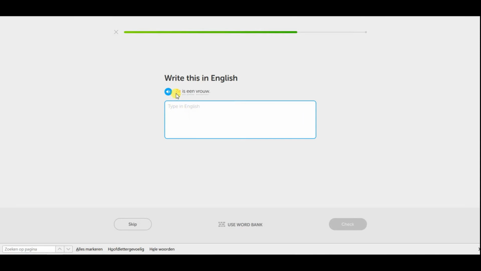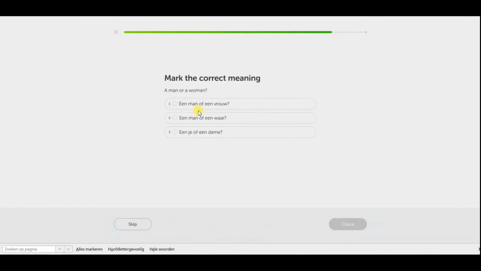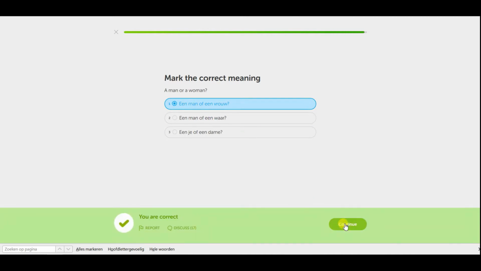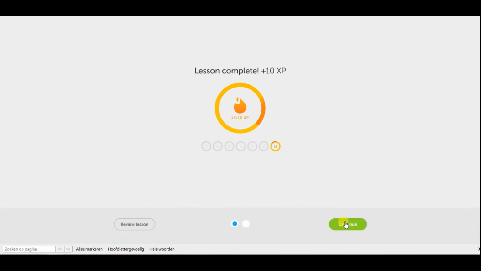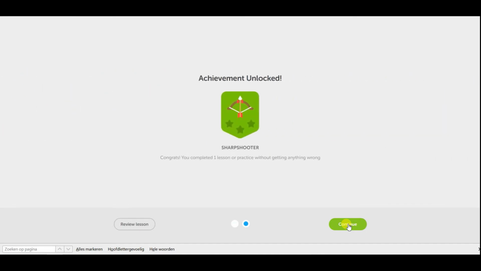So in this case, you could also use zij. Zij is een vrouw. That would be the exact same. Een man of een vrouw. Yay, achievement.